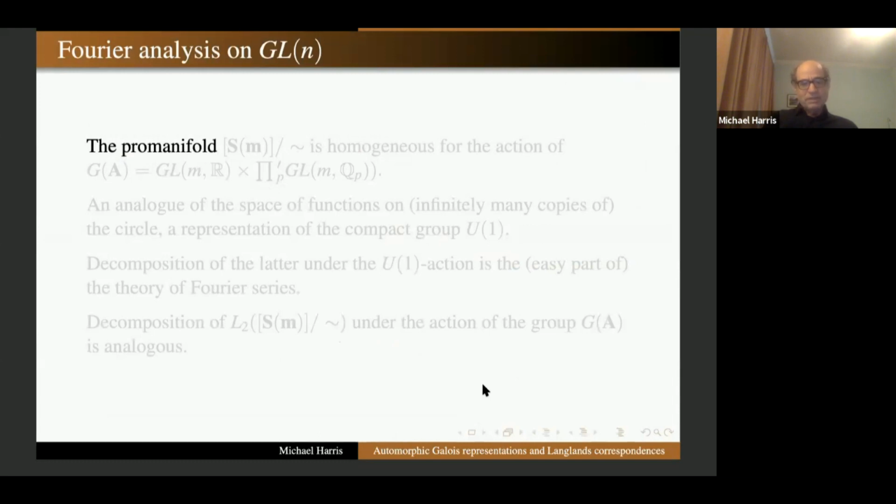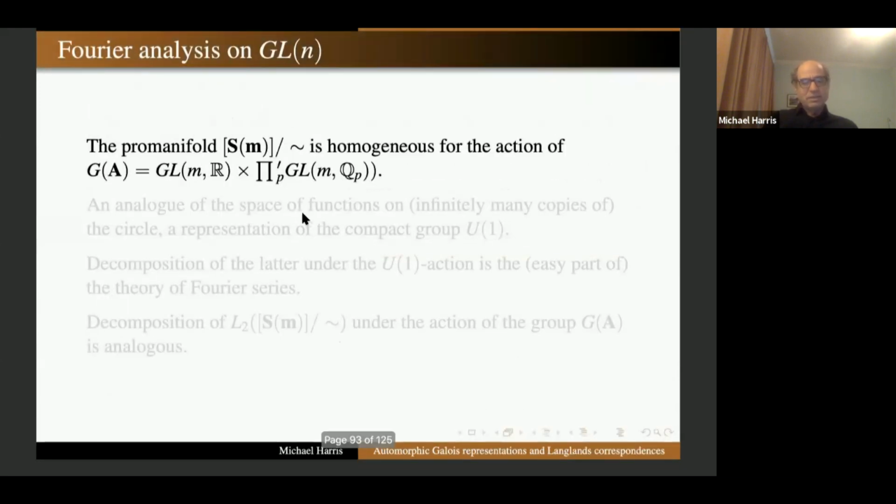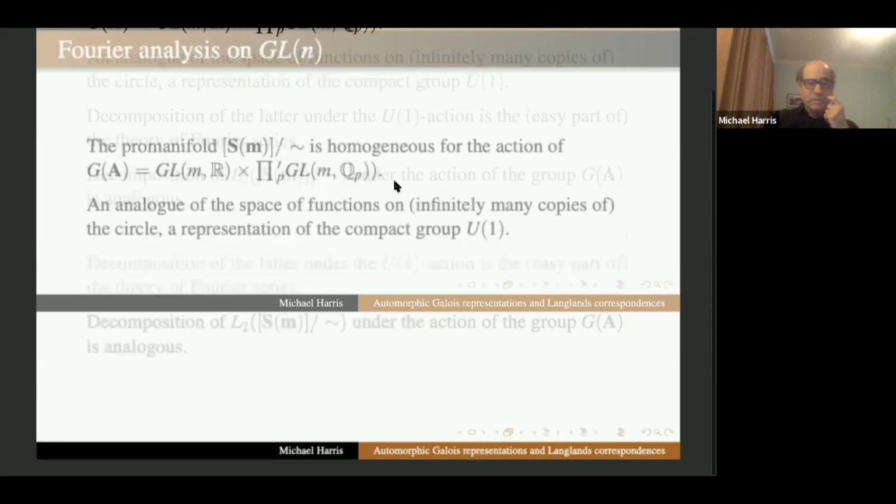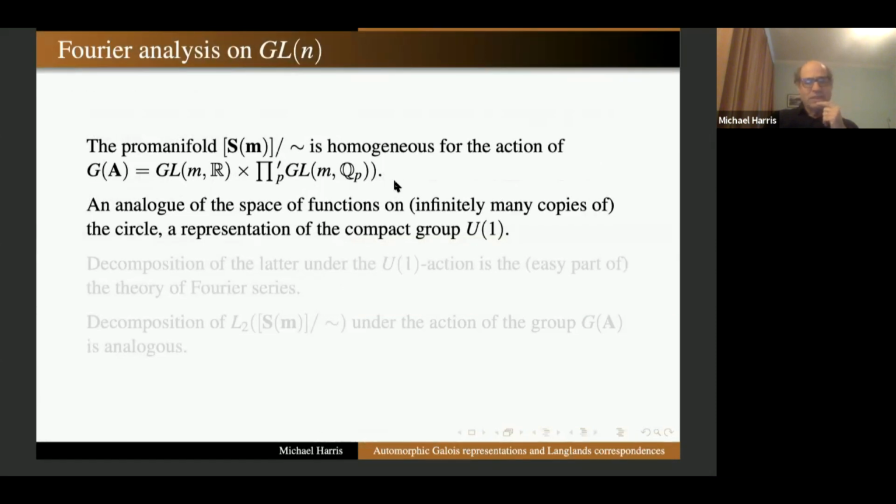Well, what is this object? Let's think about this L2. This pro-manifold is homogeneous for the action of this adele group. That's what I just said. And we can think of this as the analog of the space of functions on infinitely many copies of the circle.